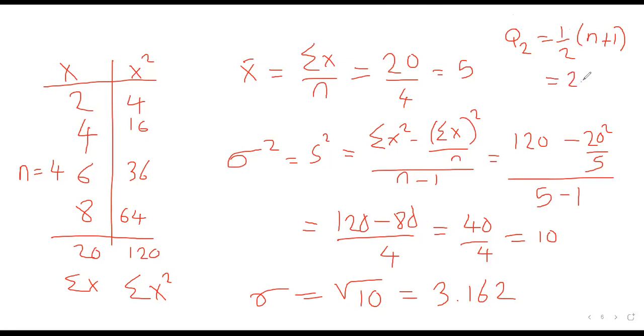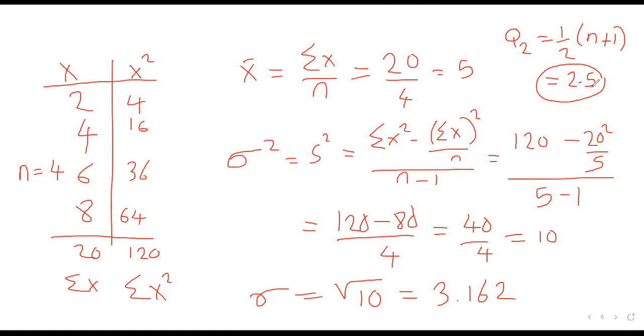Whenever you're getting a 2.5, it means you add the second number and the third number, and you divide by 2. If you have a 0.75, you round off to the nearest third number. If you have a 0.25, you round off to the nearest smaller number.